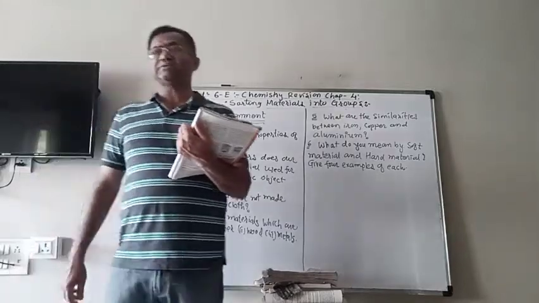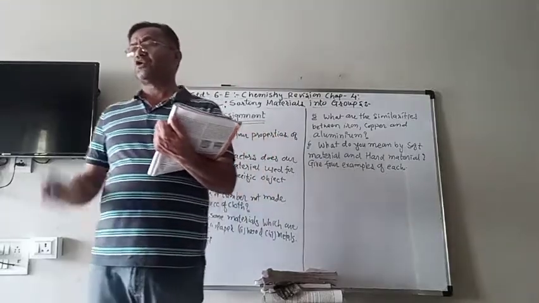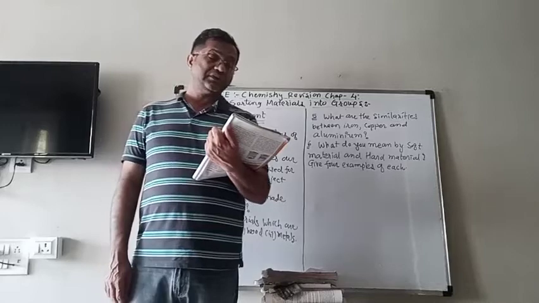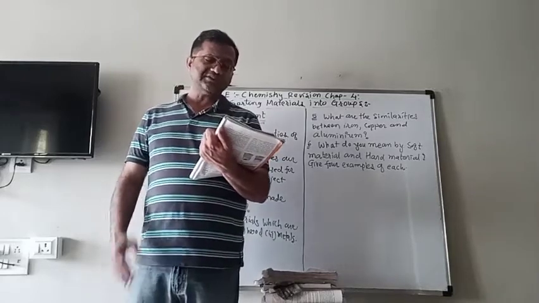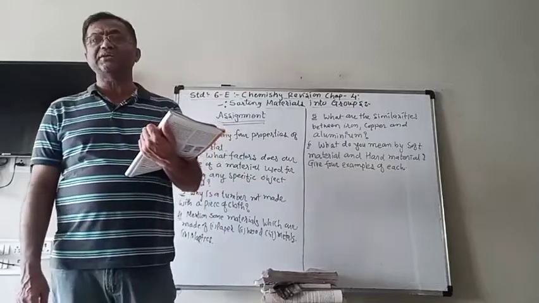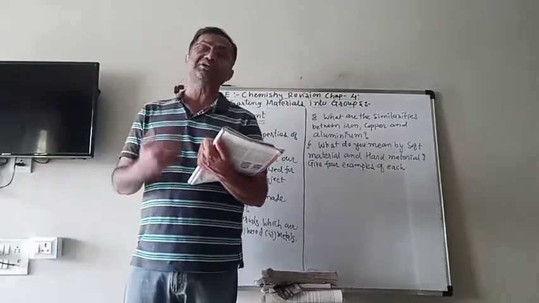You will see that metals like iron, copper, aluminium have luster, meaning their surfaces are shiny, or by rubbing them we can make them more shiny.